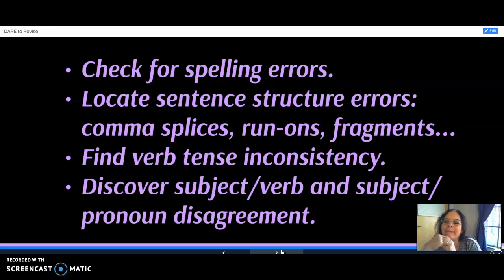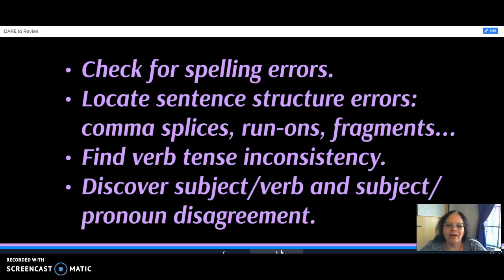So I could say, I think I'll bring an umbrella to work, period, because it's supposed to rain this afternoon. Now, if I just read it, it sounds right, but that period's saying these are two separate things. And because it's going to rain this afternoon is not a complete sentence on its own. It has to be connected, so that period should be a comma.